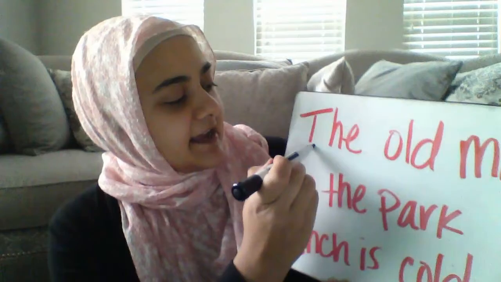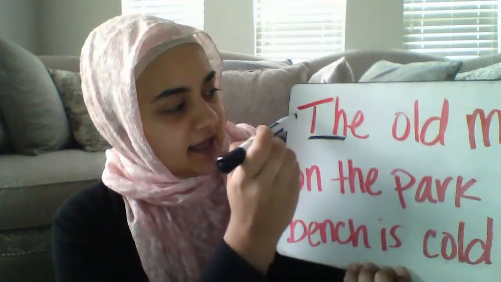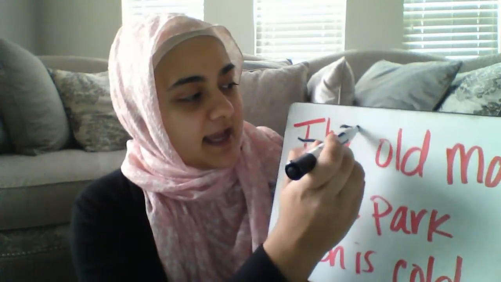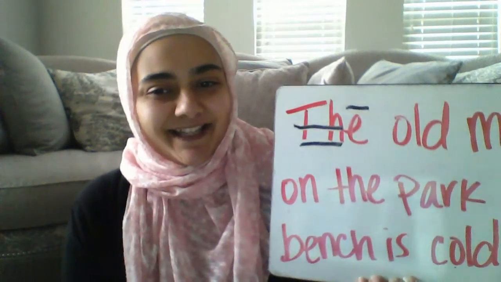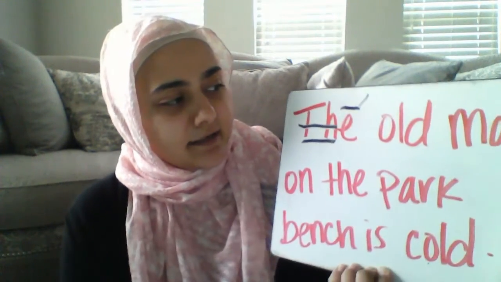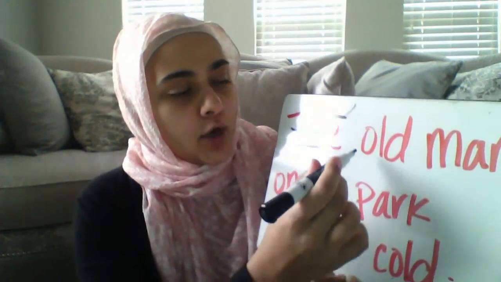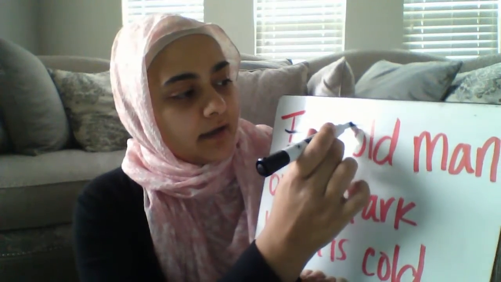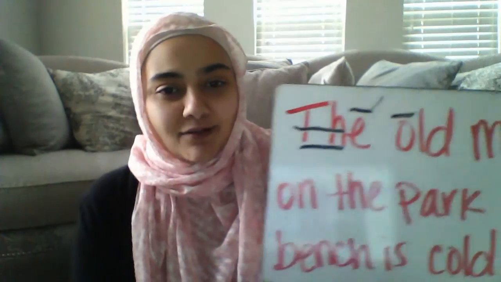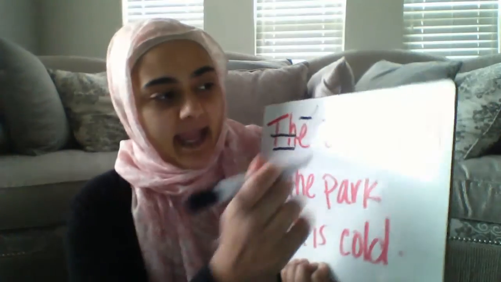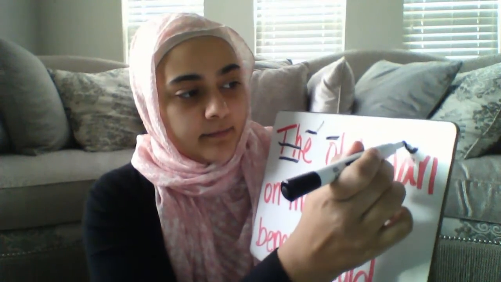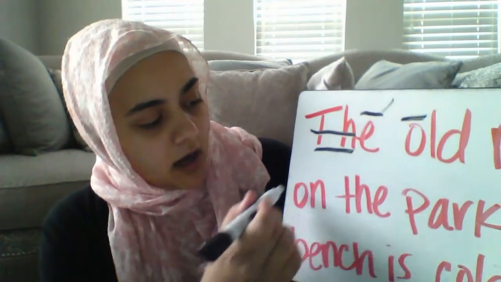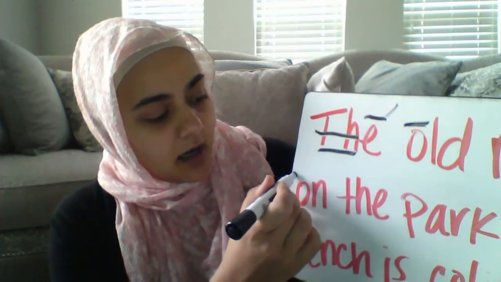The, that's digraph TH, and then you cross out the TH because it's voiced, and then you put a macron on the E, and then accent. The old, macron. That's one of those wild Colt words. And then man, breathe. On, breathe.